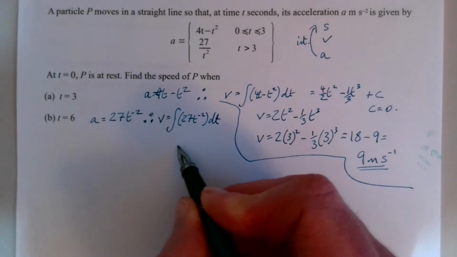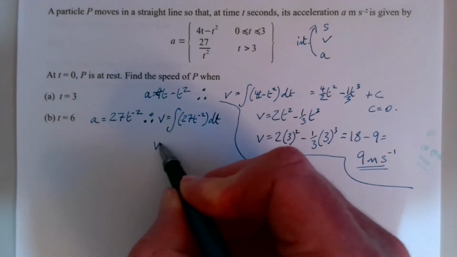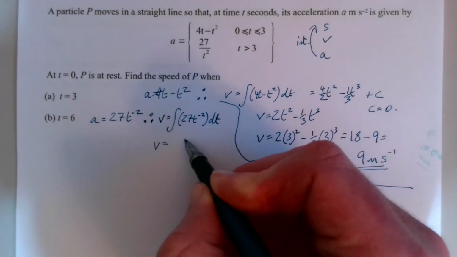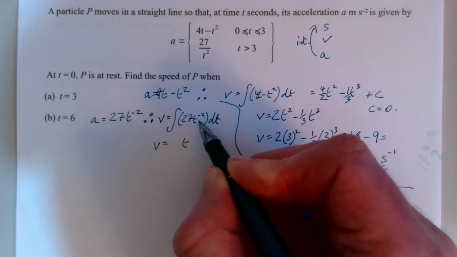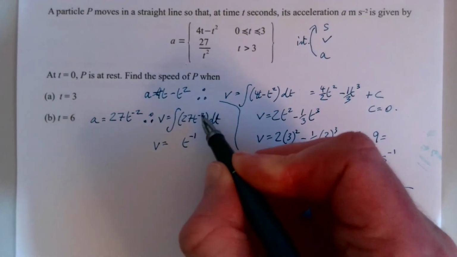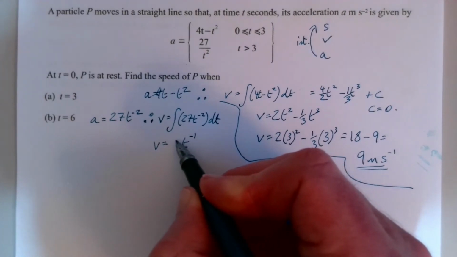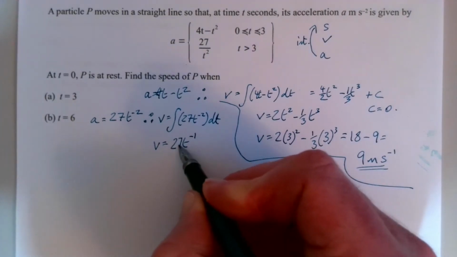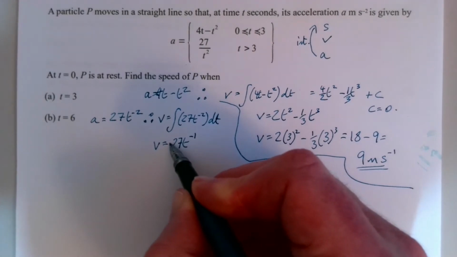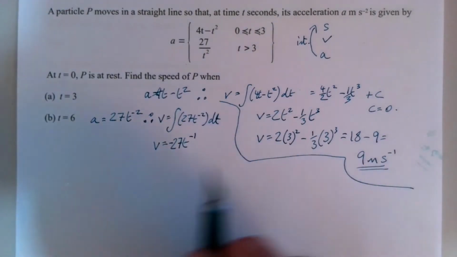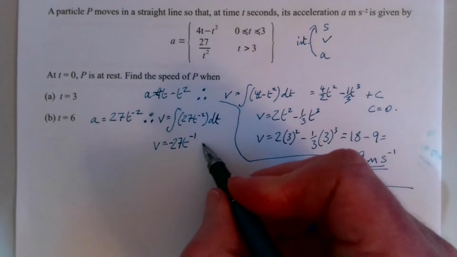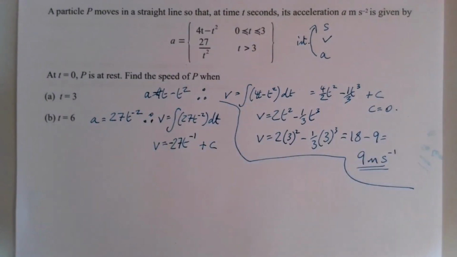So if we get some space here, the power goes up from negative 2 to negative 1, so be careful there, and we divide by negative 1. When you divide by negative 1, it's just going to be negative 27, isn't it? But we are also going to have our plus c.